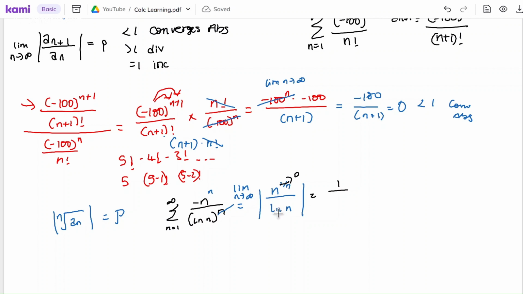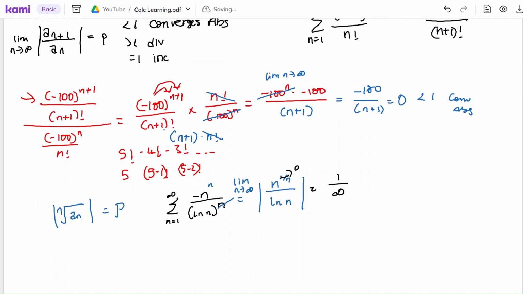Wait, we ran into a problem here, because now we have ln of n going to infinity, so it's 1 over infinity. Oh wait, that's not a problem. That's just 0, right? I was tripping. So the whole thing goes to 0, less than 1, converges absolutely, just like the other one.